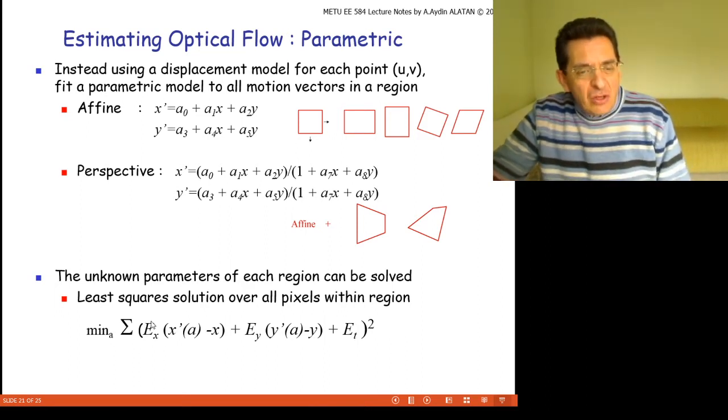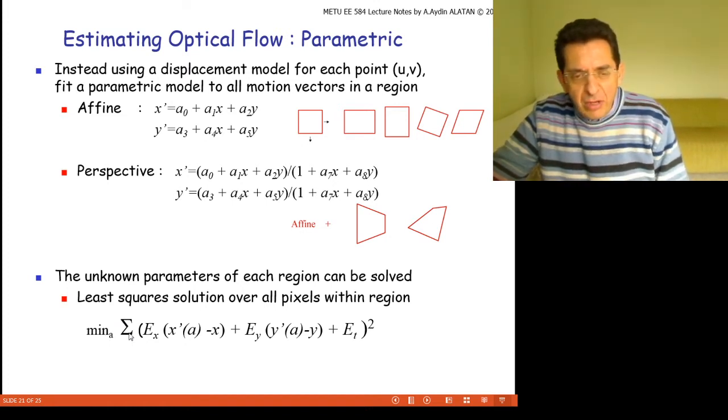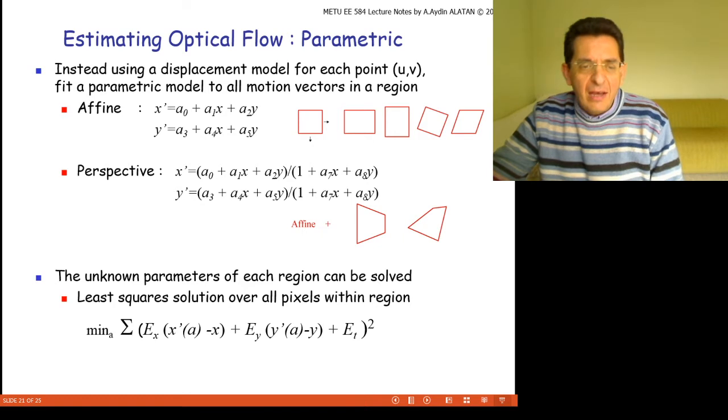Therefore, minimization of this over the whole image, the summation within the whole region where the parameterization is true. Therefore, you have to take the derivative with respect to a and equate it to 0 for every parameter, a0, a1, a2, and it goes on like this for every parameter.